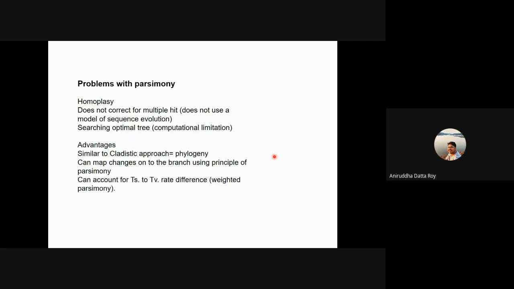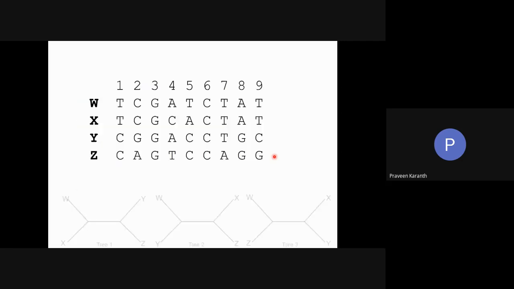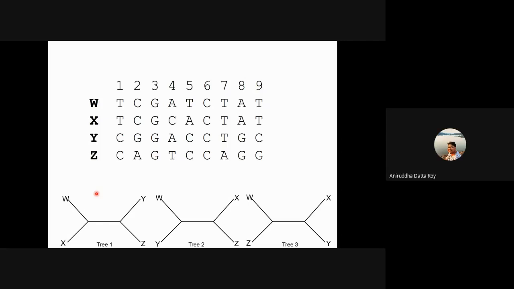Okay, I'll just carry on. Can you go back and give the numbers again so that everyone gets it? Yeah, so tree 1, 11, tree 2, 13, and tree 3, 13. So the most parsimonious tree is tree 1.